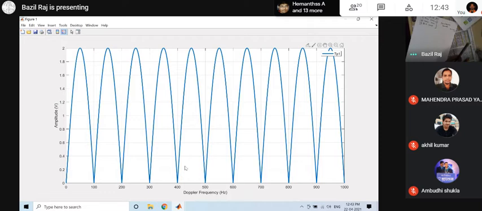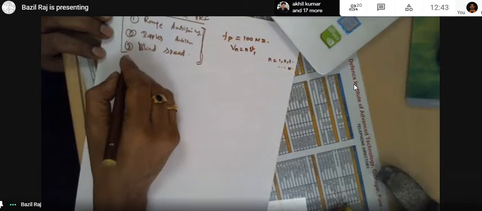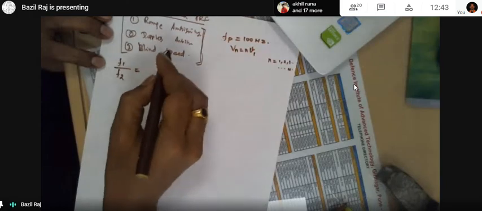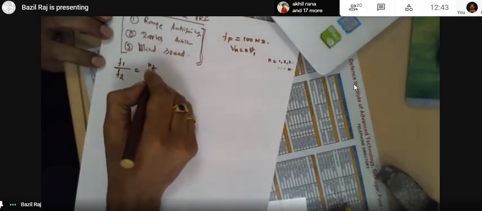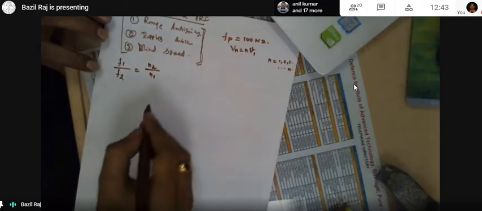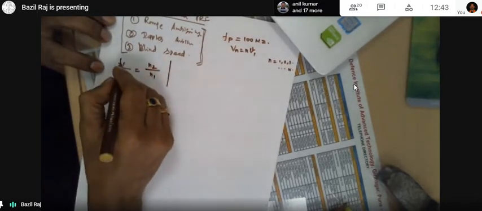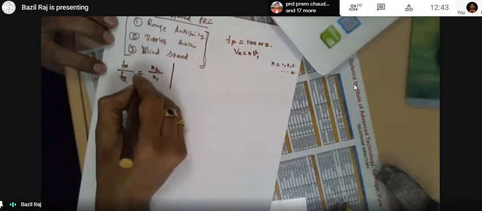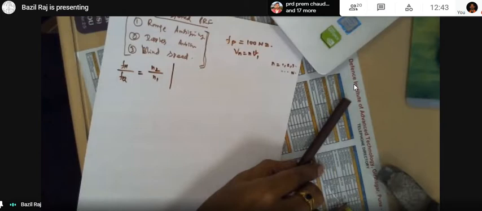Suppose FP1 by FP2 is equal to N2 by N1.